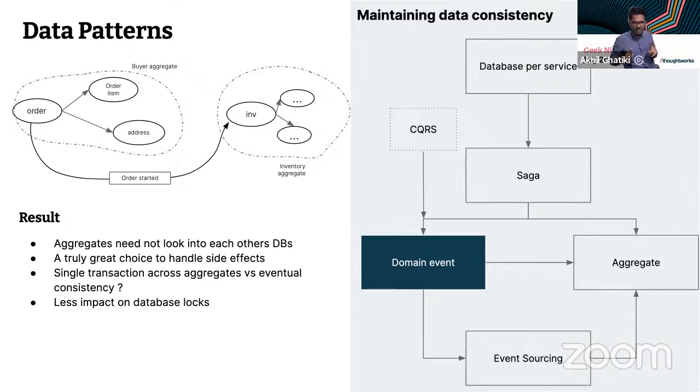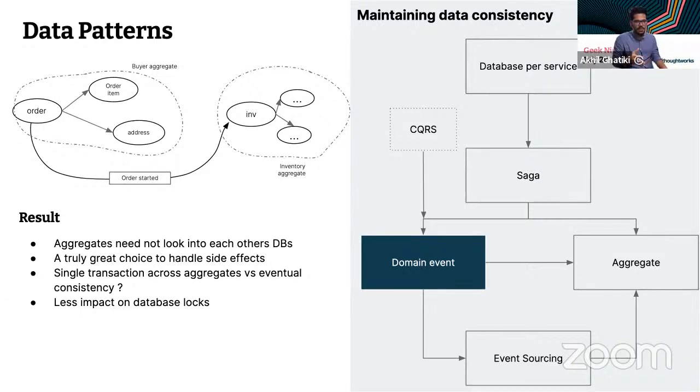It's up to the inventory aggregate to take care of reading that domain event that came in, having proper failure handling scenarios if it has failed to process it. These days the queues are quite reliable. Something like Kafka or SQS comes with acknowledgement, where you can acknowledge whether your processing was successful. So for your domain event, you just send it and forget it. It stays in the queue until it is successfully processed by the inventory aggregate.